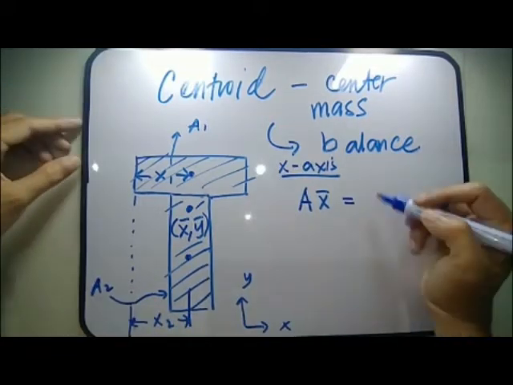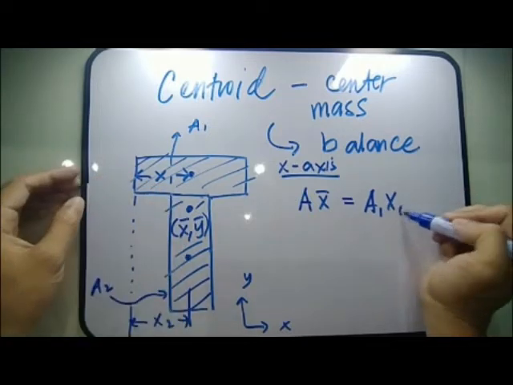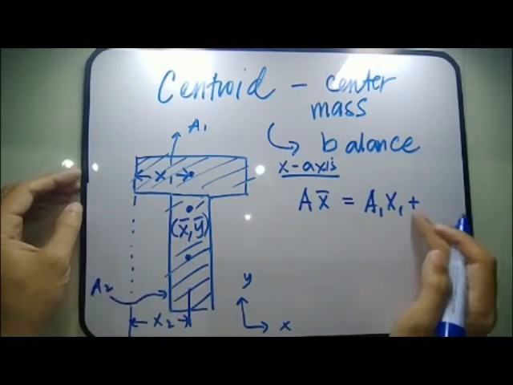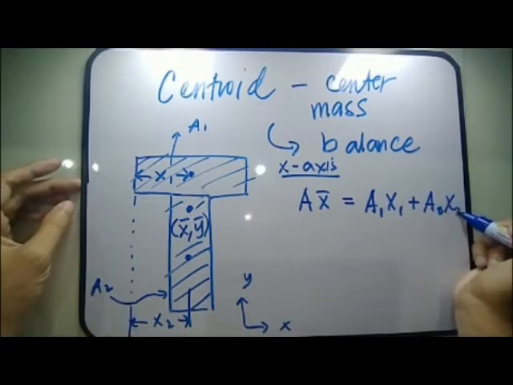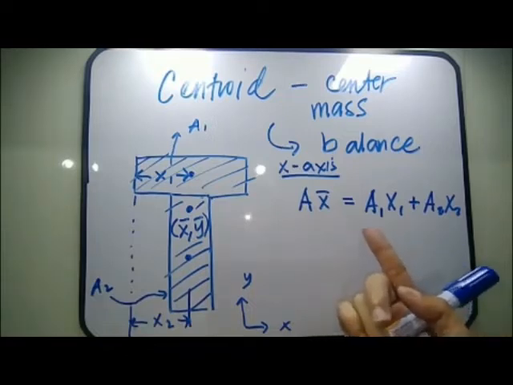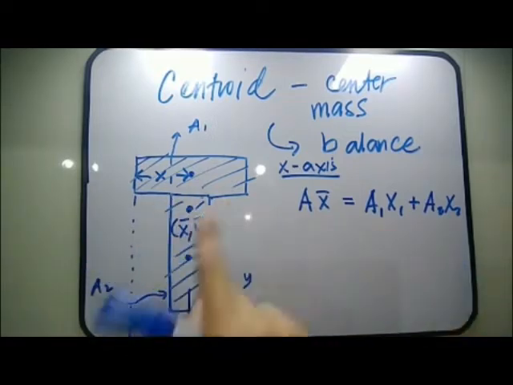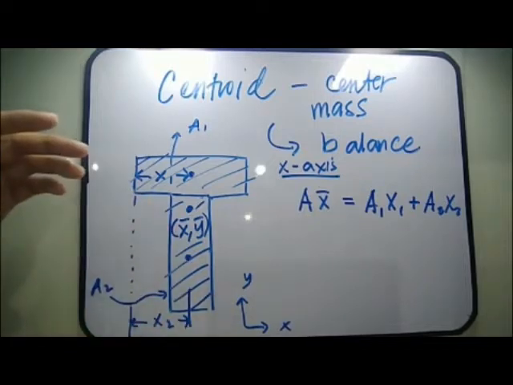Now, the area times the centroid of the whole figure is actually equal to the sum of those regular shapes times the centroid of those regular shapes. So, i-add lang natin lahat guys. So, A sub 1, x sub 1 plus A sub 2, x sub 2. This is the principle of finding the centroid.